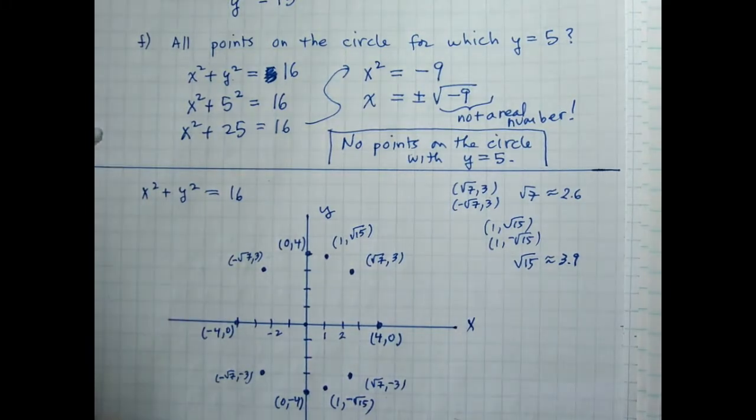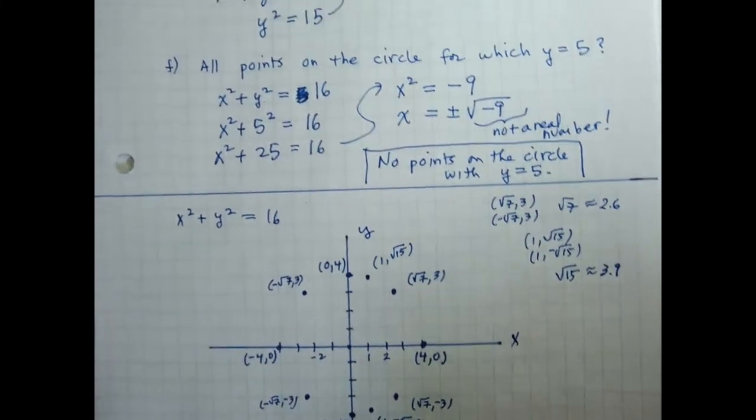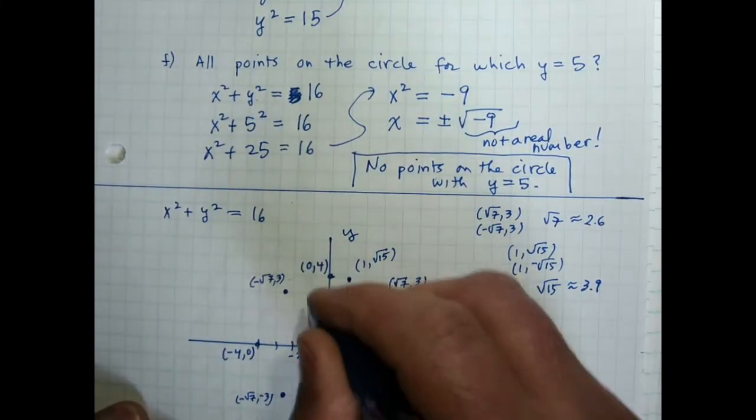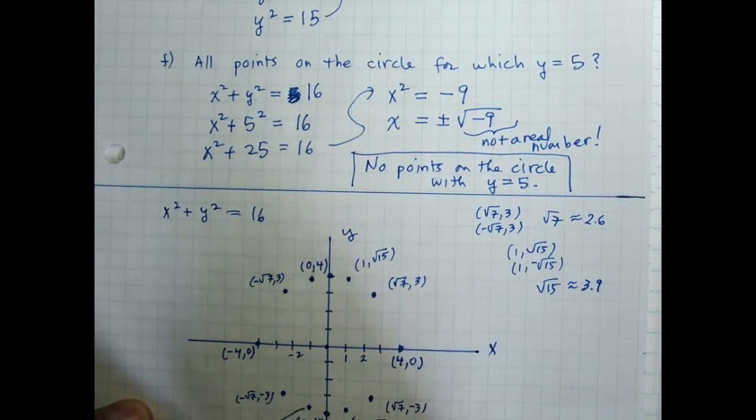And at the top of this page, we found negative 1, square root of 15 and negative 1, negative square root of 15. Now I'm running out of room to label these.